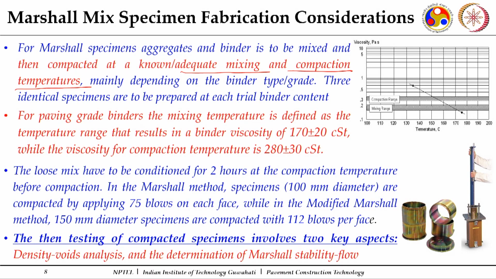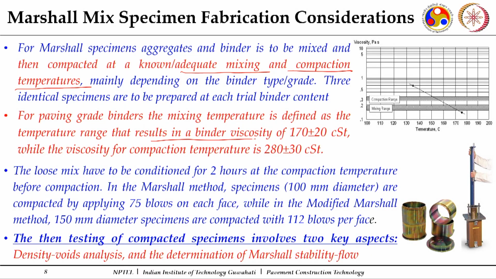For most of the paving grade binders, extensive research has been done, and for paving binders it is suggested that if you are using a paving grade binder to produce bituminous mixes, then the two viscosities which are recommended for mixing and compaction temperatures are, it says that the mixing temperature should be the one which gives a viscosity in the range of 170 plus minus 20 centistokes.